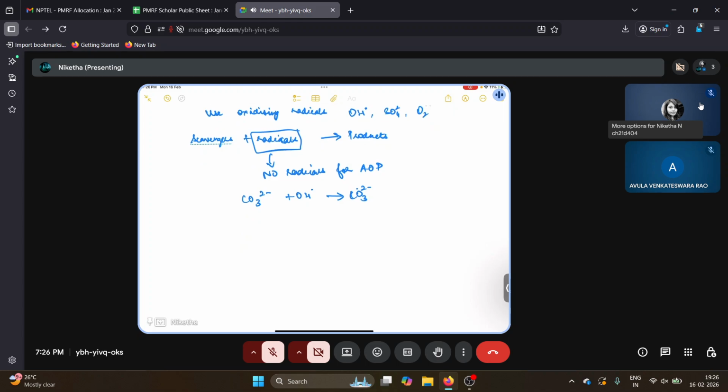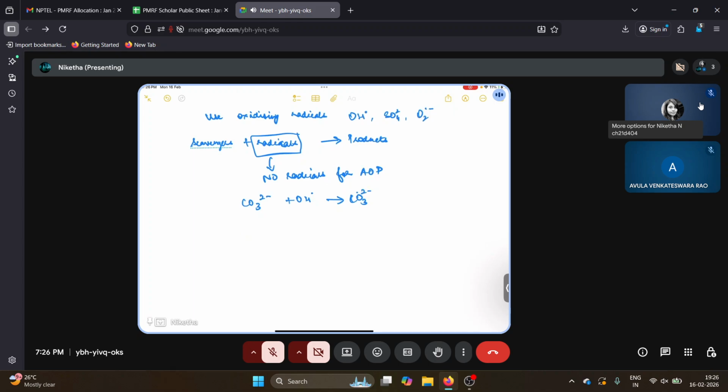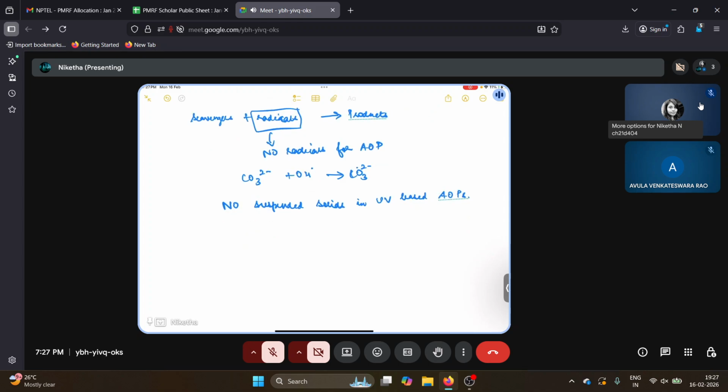And in UV based advanced oxidation processes, we have to ensure that there are no suspended solids. The reason why we should not have any suspended solids is because if they are present, they will scatter the UV light and won't allow it to penetrate through the water.